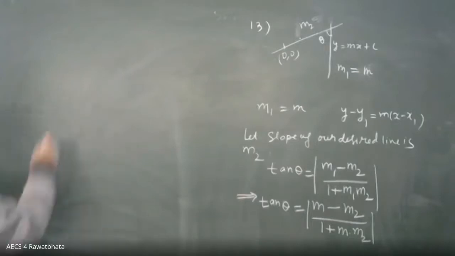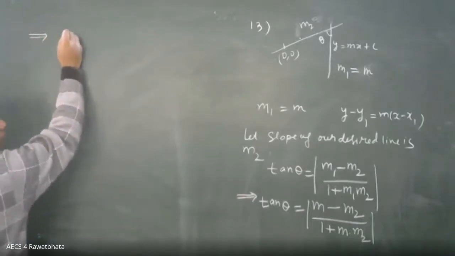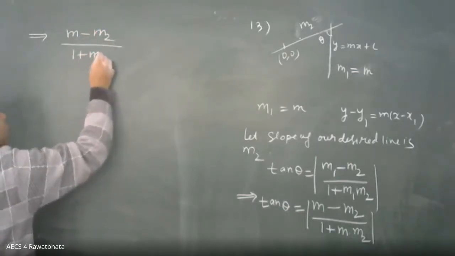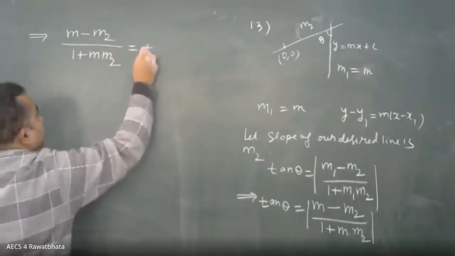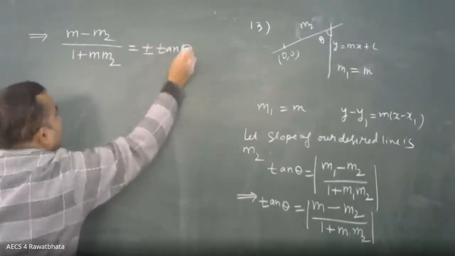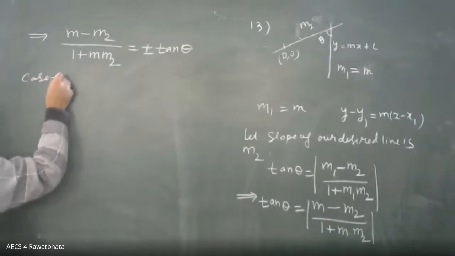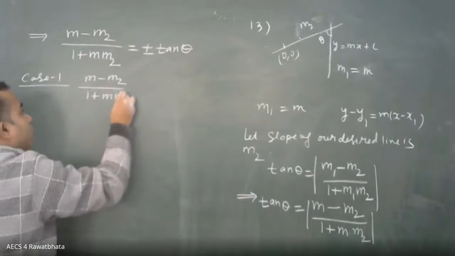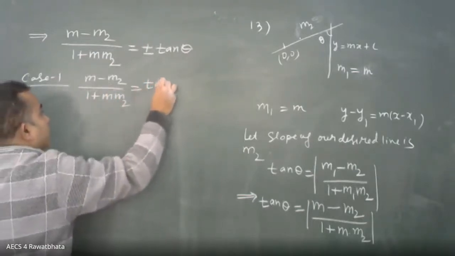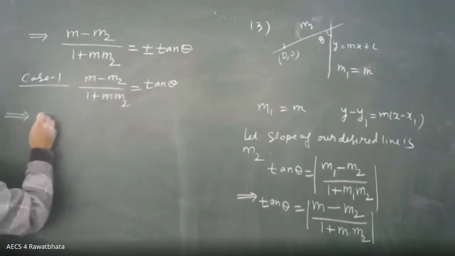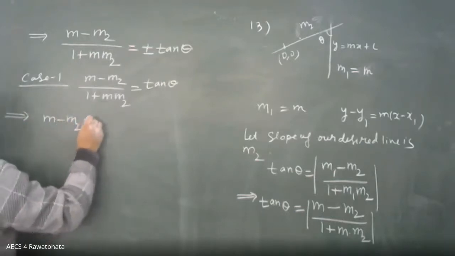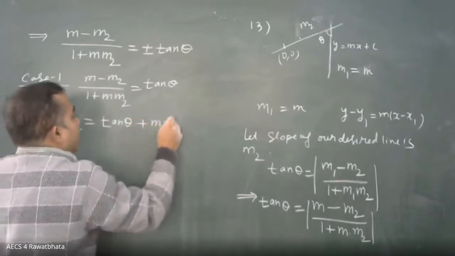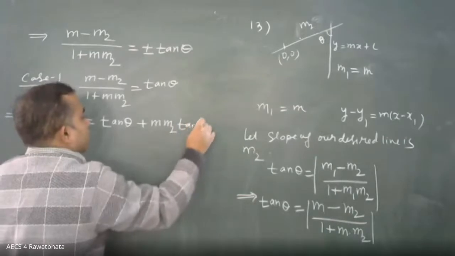So this means m minus m2 whole upon 1 plus m m2 is equal to plus minus tan theta. Case 1: m minus m2 upon 1 plus m m2 is equal to tan theta. Cross multiply: m minus m2 is equal to tan theta plus m2 m tan theta.